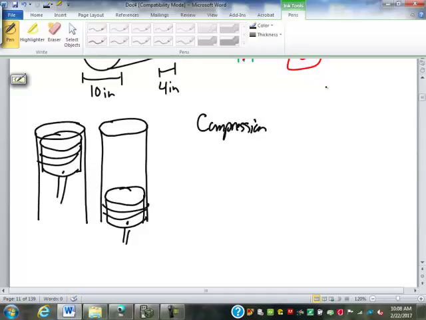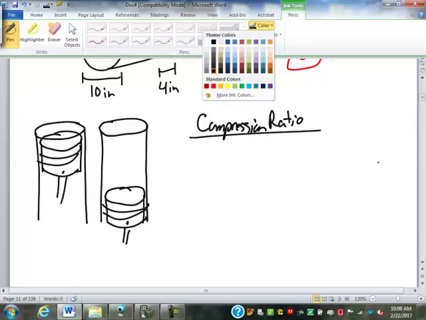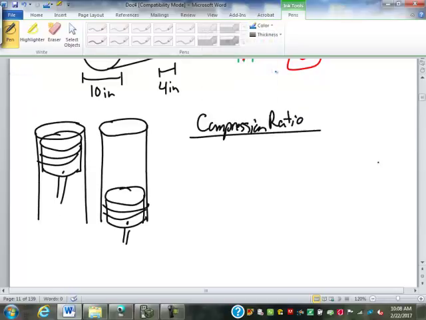What's that? Me playing Pictionary is very ugly. Especially if they don't let me use symbols. Compression ratio is the expanded volume compared to the compressed volume.